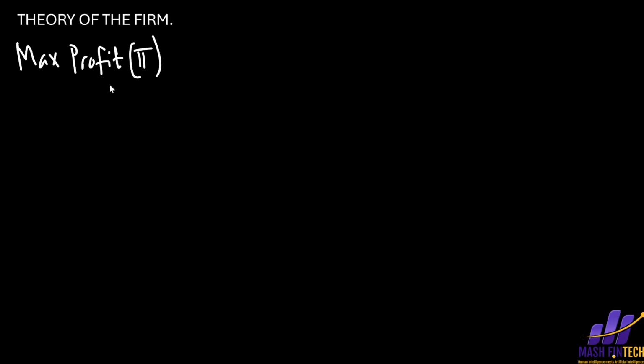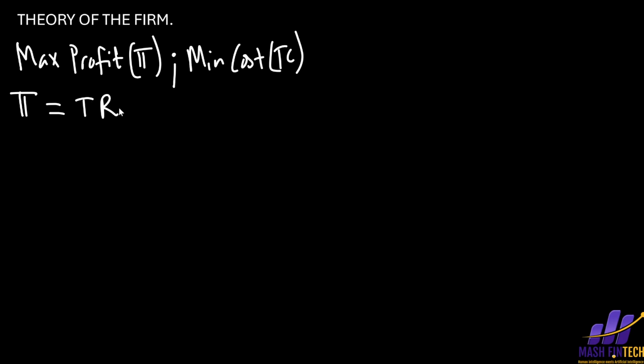Or to maximize profit, the firm can actually take an approach of minimizing its cost, which are the total cost. And hence, the profit of the firm is given by the total revenue, which is the amount of money coming in, basically just the price times the quantity, minus the total cost for the firm.